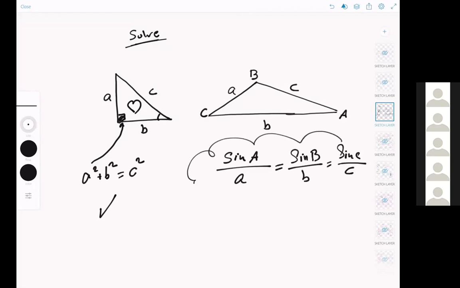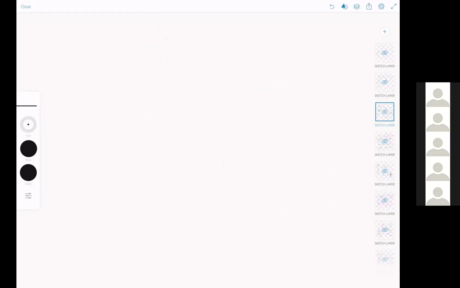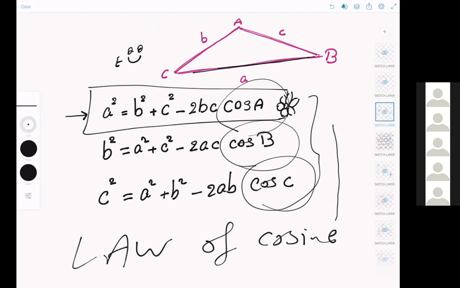This is still good. So the first check mark is you see if the triangle is right. If it's not, don't get super upset. You see if you can apply the law of sine. If you cannot use law of sine, don't be super angry. You need to use law of cosine. So there are only 3 ways. So back to, this is law of cosine.